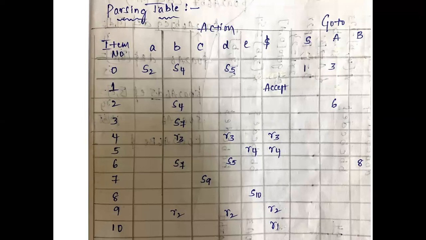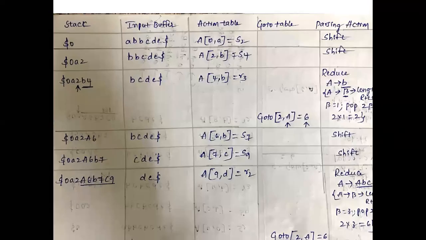Now I am explaining the input parsing with a stack by using this table. I'm storing my input string into an input buffer. Here I have the data structures: stack, input buffer, the action table, the goto table, and the type of action that I'm performing.